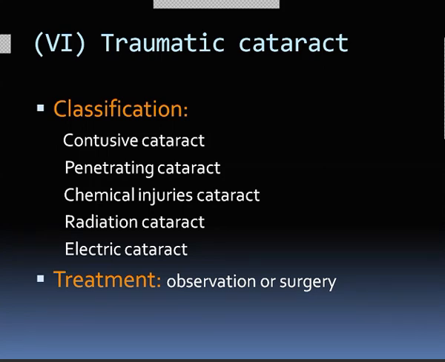The treatment: we have to observe whether there is a decrease in the vision, whether it is progressing fast, or if the patient is able to do his routine work, then we need not intervene at the earlier stage. We can observe, and only if the patient is unable to do his routine work do we have to perform surgery.